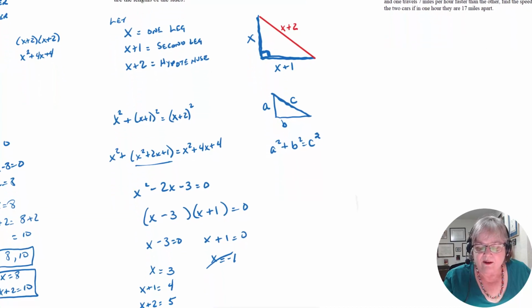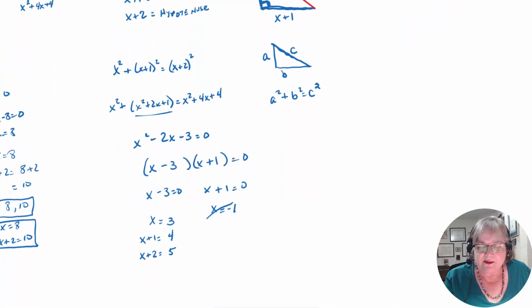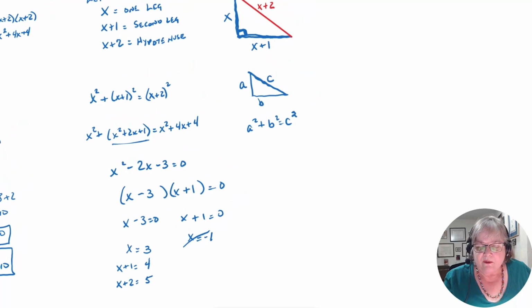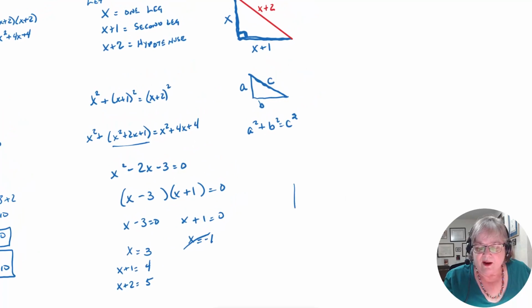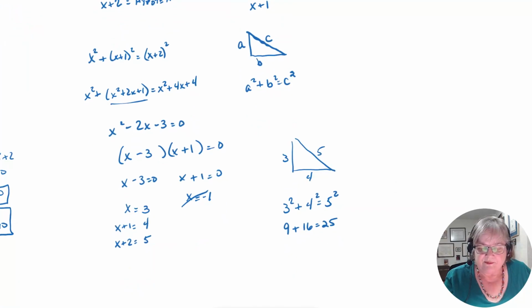No, they did not. So I'm thinking this is my answer, but let's see. Would that work if I have a right triangle like this, and this is 3, 4, 5, does 3 squared plus 4 squared equal 5 squared? Well, does 9 plus 16 equal 25? Yes, it does. So these are my three sides.